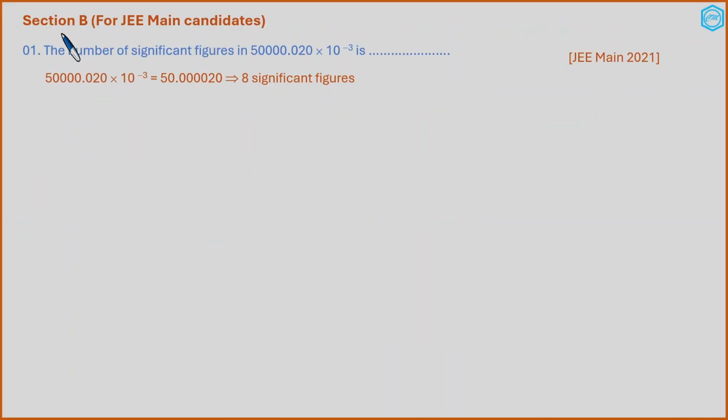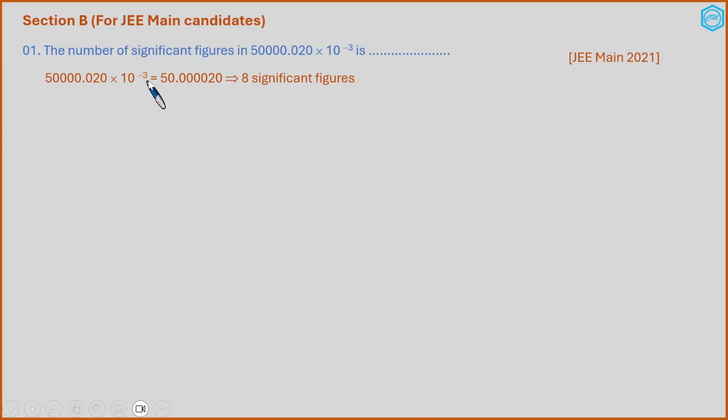Let us consider some numerical questions. And this is section B. It is only for JEE main candidates. First question, the number of significant figures in 5000.002 into 10 raised to minus 3 is. First we have to write it in scientific notation.